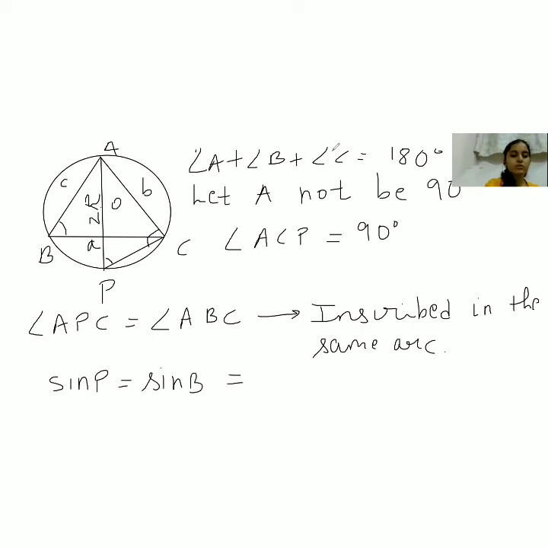Now what is sine of P? It is opposite upon hypotenuse in triangle ACP. So we can write this separately as well. In triangle APC, angle ACP is equal to 90 degrees.